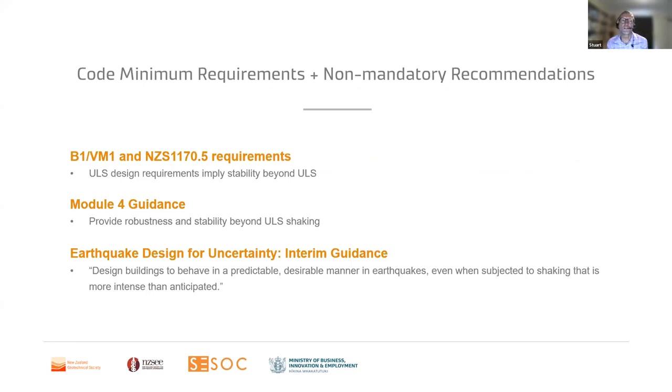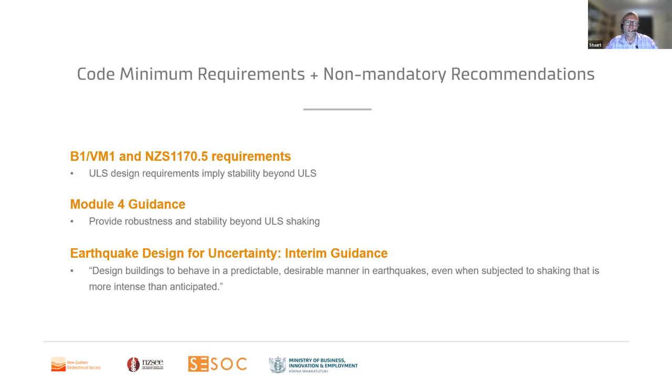Now the question here is whether what we're talking about is a code minimum requirement or a non-mandatory recommendation. So our code minimum requirements are specified in the building code in B1 VM1 and NZS 1170.5. And there's certainly an implication in there that our ULS designs should be providing stability beyond ULS, but no specific requirements.